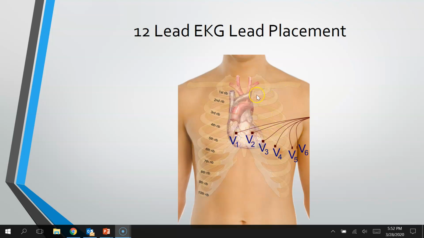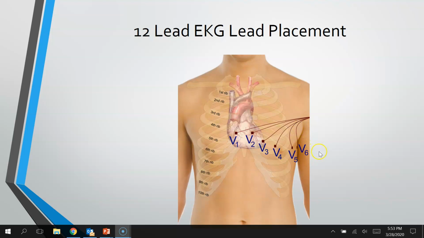We then are going to go to 4, find the mid-clavicular point, and come down in between the 5th and 6th intercostal space. We then are going to jump over to V6, which is, again, still between 5 and 6, but it is going to be mid-axillary. So it's underneath the armpit.